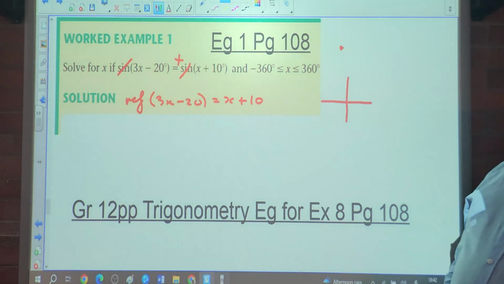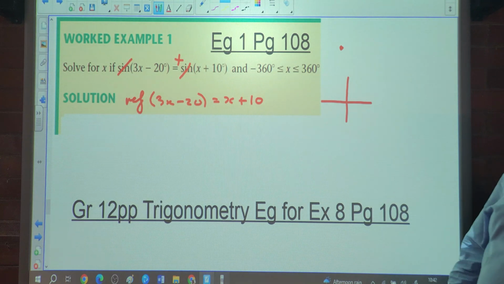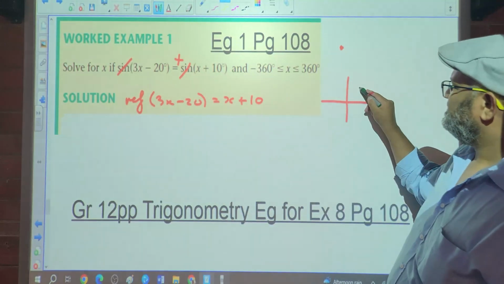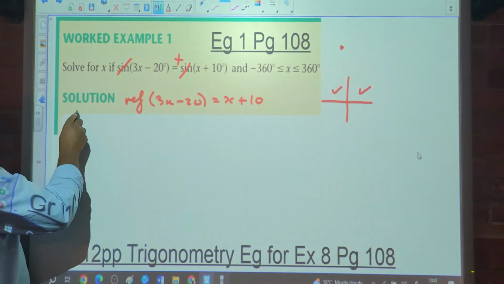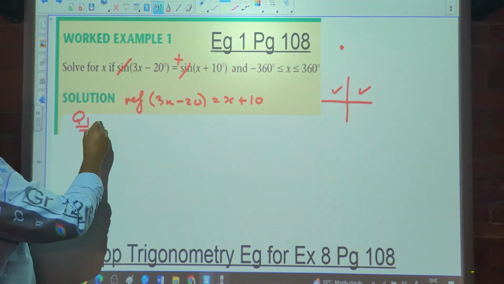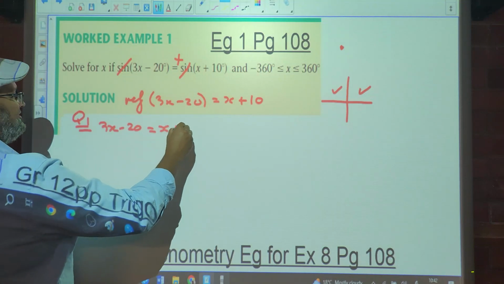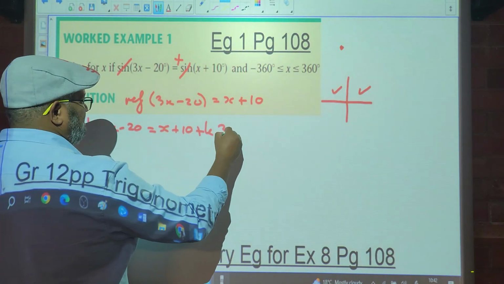We say in which quadrant is the trig function positive or negative. So in which quadrant is sine positive? First and second. So let's go with the first quadrant. Quadrant 1. We say then 3x minus 20 equals x plus 10 plus k times 360.